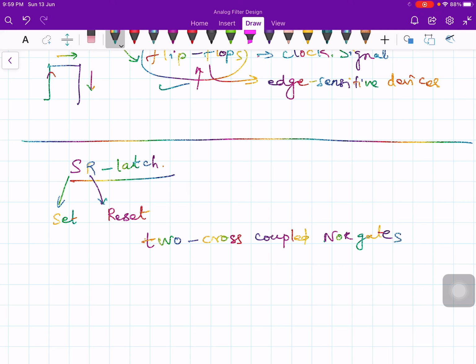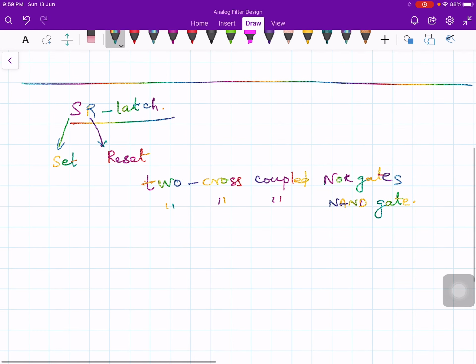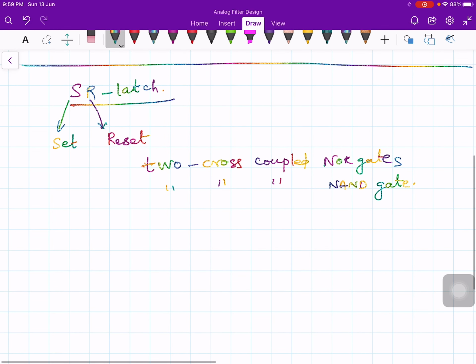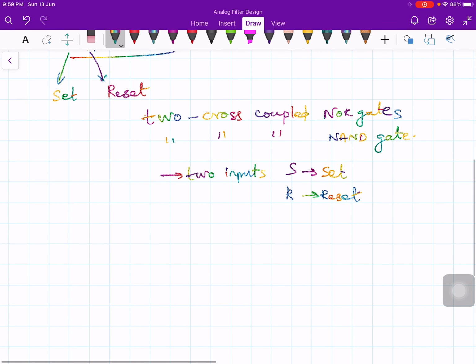Sometimes people will use two cross coupled NAND gates to construct the SR latch. This SR latch has two inputs, S and R. As I said, S means set and R means reset. Now let me show you the figure.